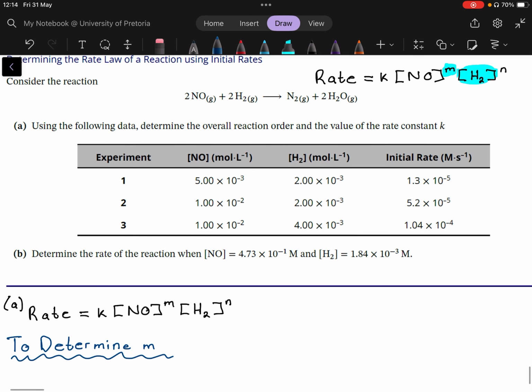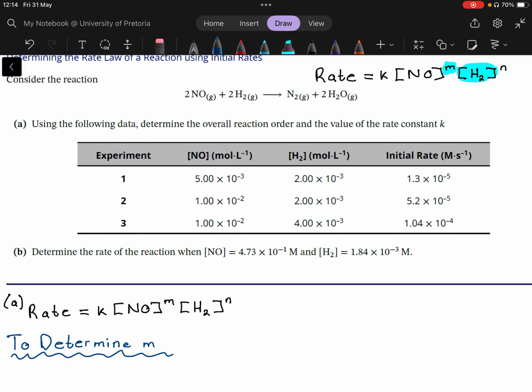So let's look at the table for something like that. Where does NO's concentration vary, but H2's concentration remains constant? The only two experiments where H2's concentration remains constant are experiment 1 and 2, and of course NO's varies, so there's a difference there.